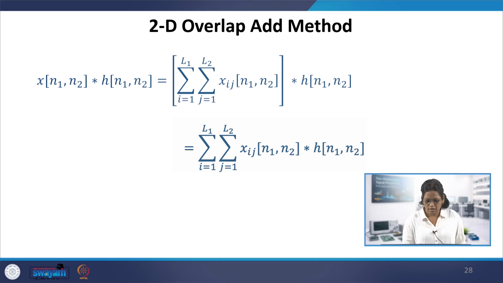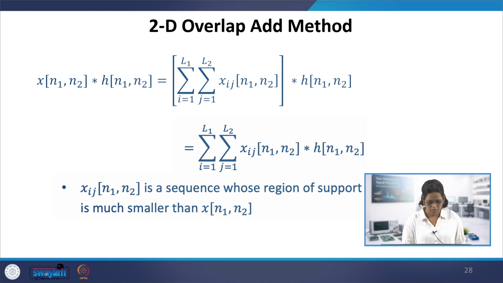So L1 is varying from this convolution, so each one can be represented this way. So how do we choose this? The region of support for Xij of n minus 1 is much smaller than the X. So think of L and think of the length of the sequence. If X is having a length of N1 cross N1, a big image, this Xij should have the region of support smaller than that.